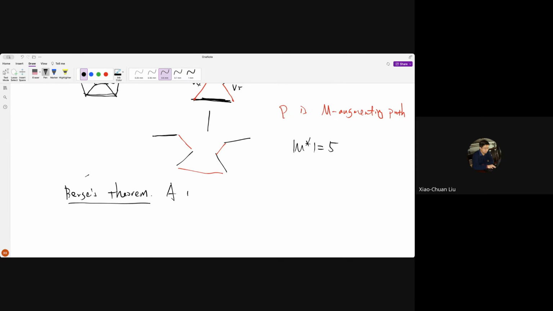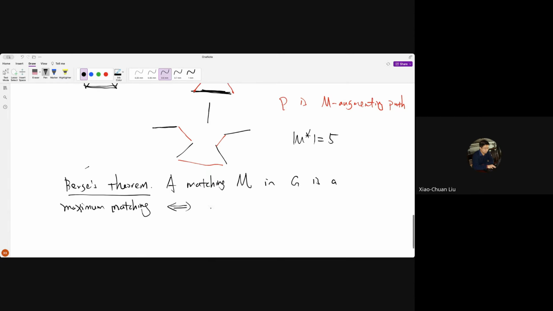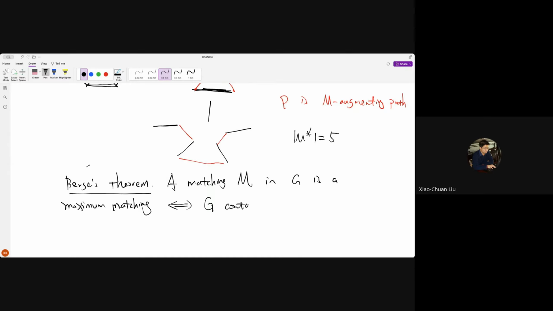This says a matching M in a graph G is a maximum matching if and only if G contains no M augmenting path.